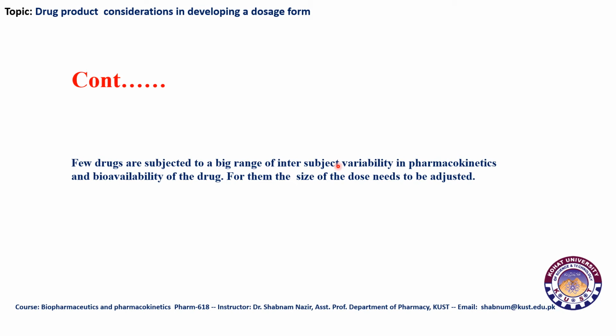Now, genotype plays a very important role because, as you know, certain enzymes and transporters are a genetic expression. Certain subjects would have them in greater quantities while others would have lesser quantities of the very same enzymes or transporters, or they might be in a mutated form.